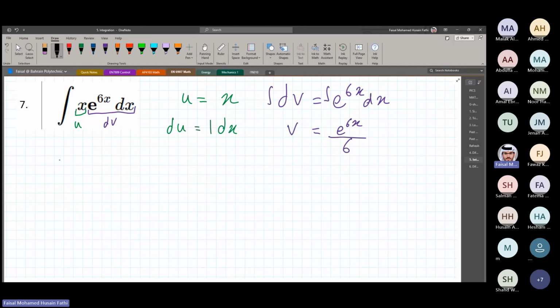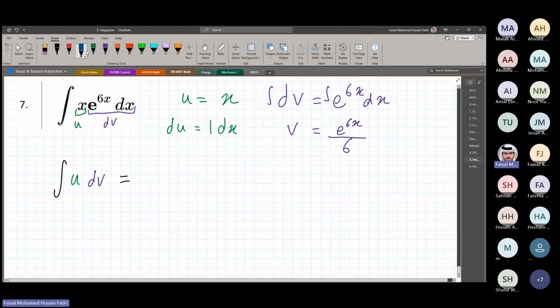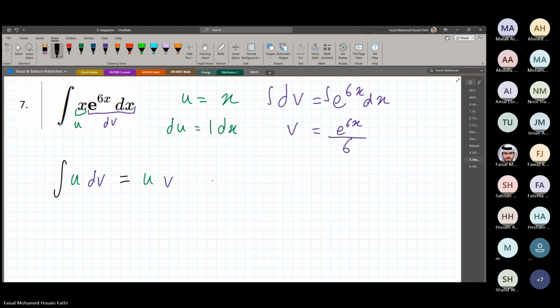So the rule says integration of u dv, which is what we have in the question, this is our u dv, is equal to u times v minus the integration of v du. And that's it. And you can plug in now to solve.